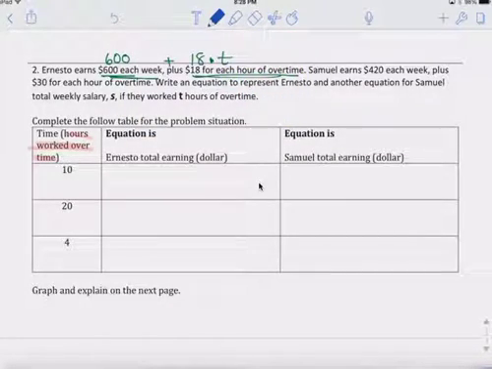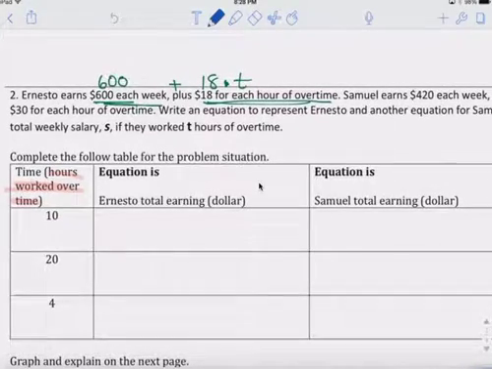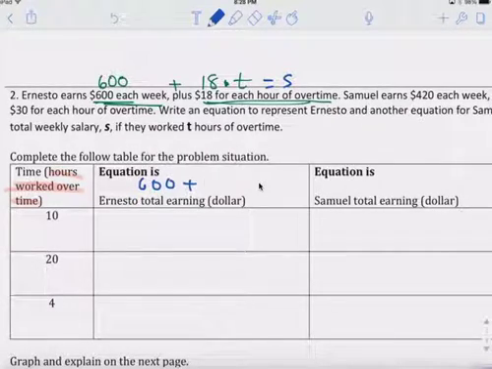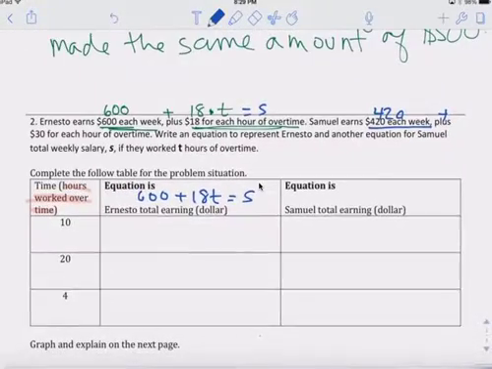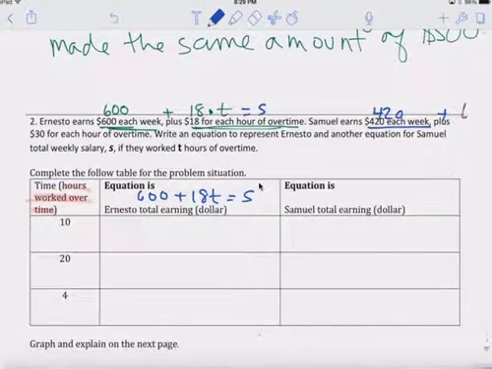right here, okay, we got that in class, equals S. So the equation for Ernesto is 600 plus 18t equals S. Samuel is 420 plus $30 per hour of overtime.